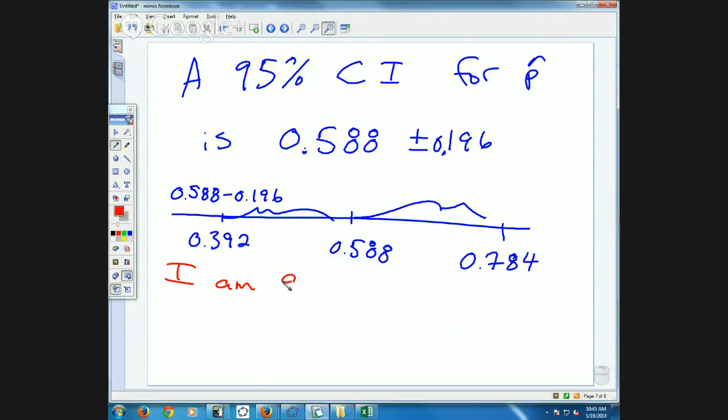I am 95%. Oh, no, that's not right. It's 90. Didn't we go with 90? All right, sorry there, John. You said to go 90% confident. This is a 90% confidence interval.